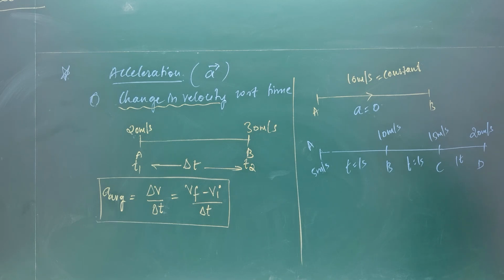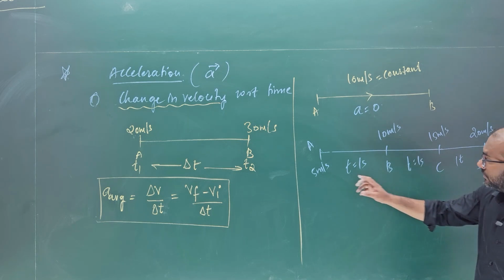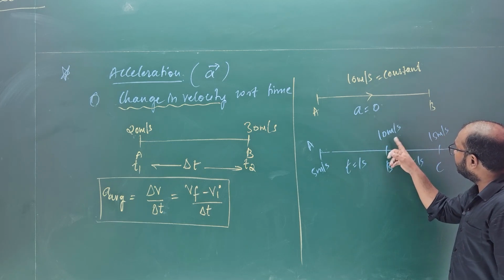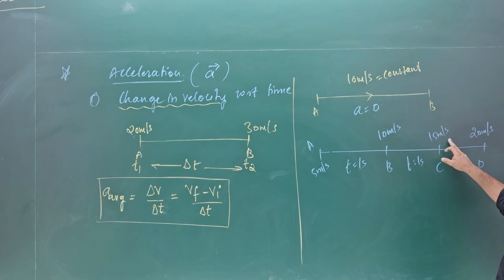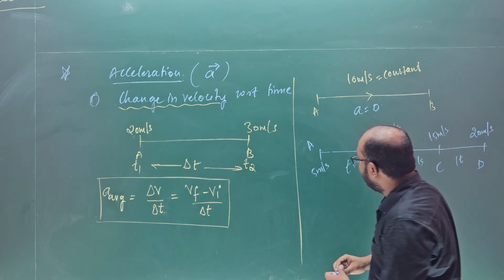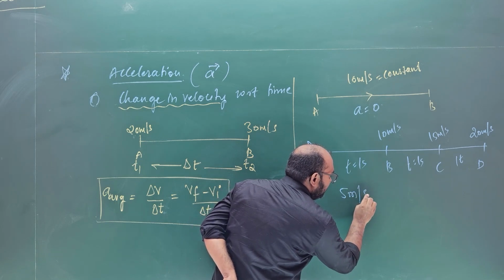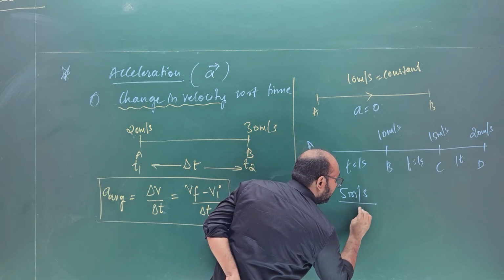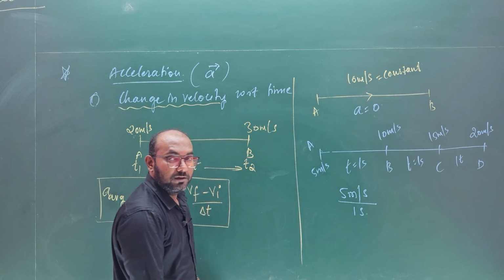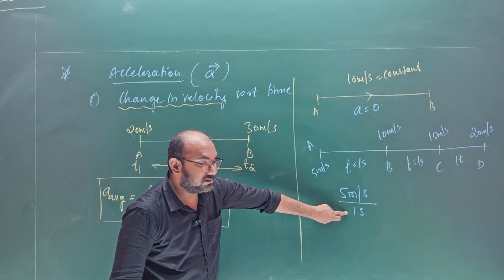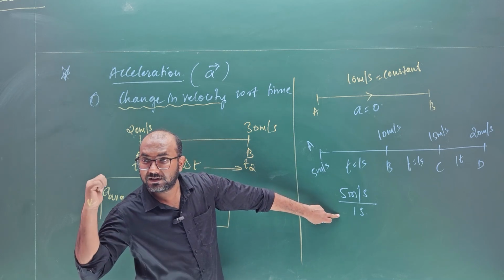Now, how much is the velocity changing in 1 second? 5, no? So in 1 second, the difference between these two is 5, and the difference between these two velocities is also 5. That means, can I say that velocity is changing by 5 meter per second in 1 second? Yes or no? What is this 5 meter per second velocity?